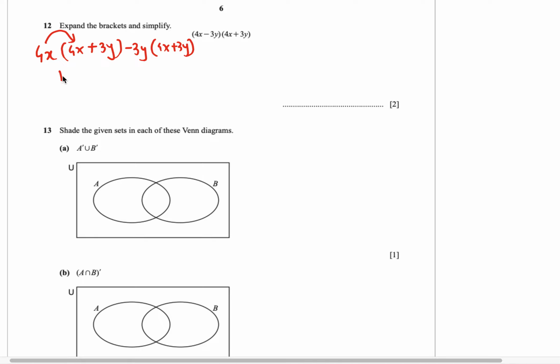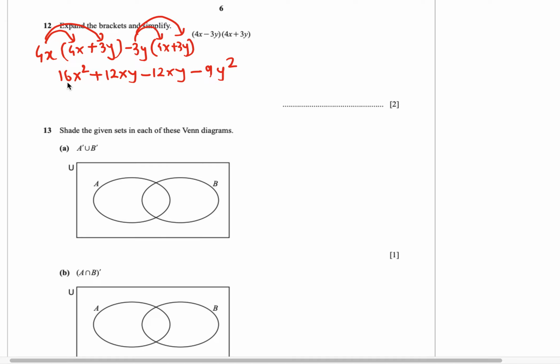So now it will be easy. 4x into 4x becomes 16x square, and 4x into 3y, because these two are plus, so plus only will come, 4 threes are 12xy. Minus 3y into 4x is minus 12xy, and then minus 3y into plus 3y is minus 9y square.